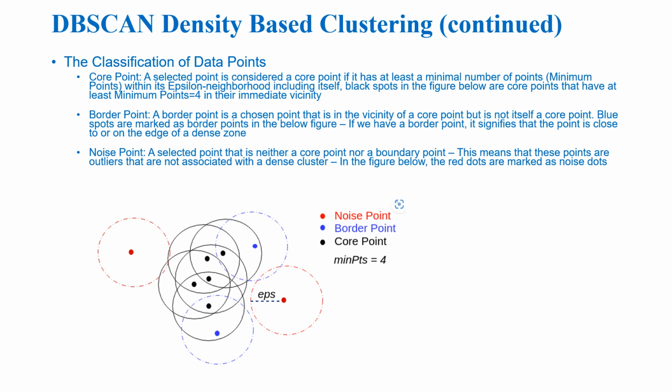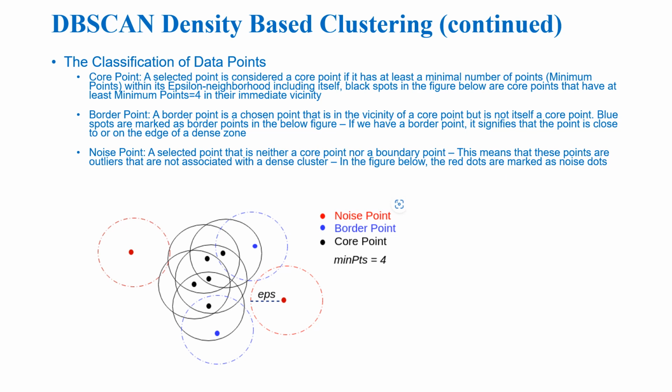So core point: a selected point is considered a core point if it has at least a minimum number of points, again, minimum points, within its epsilon neighborhood, including itself. Black spots in the figure below are core points that have at least minimum points equals 4 in their immediate vicinity.